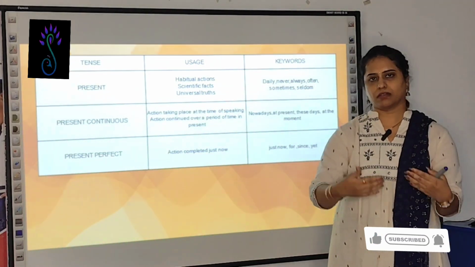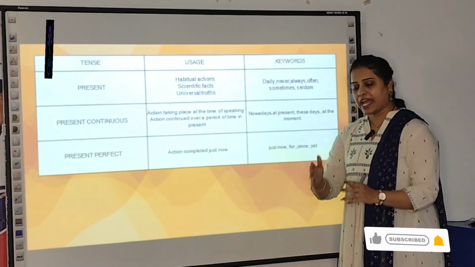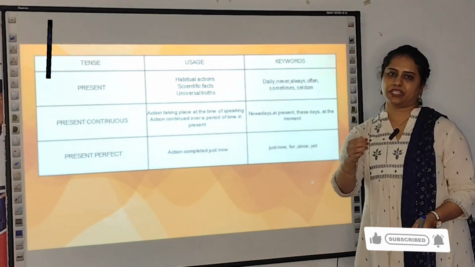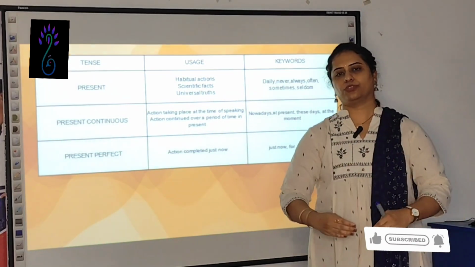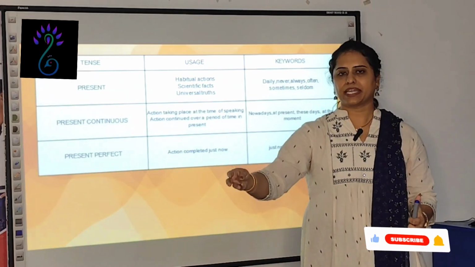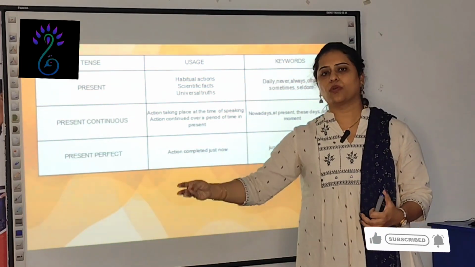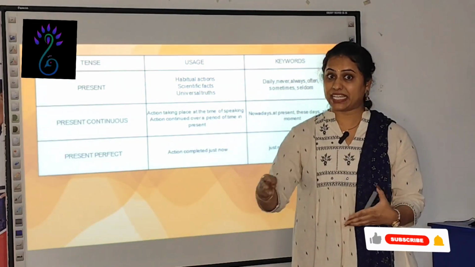When something is going on at the time when action is taking place and it is continued in the present itself, then you use present continuous. Ante jarugutunna action jarugutunte. It is raining now. Nowadays this is going to, what you can say, this is happening regularly nowadays.